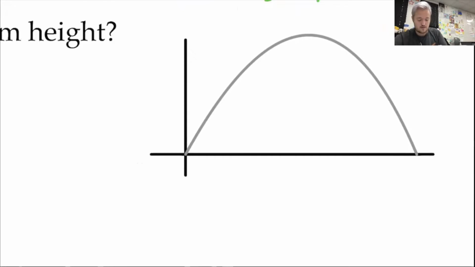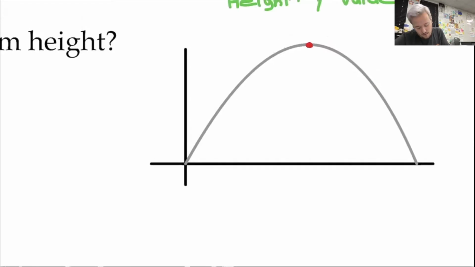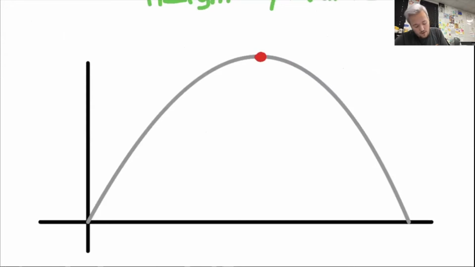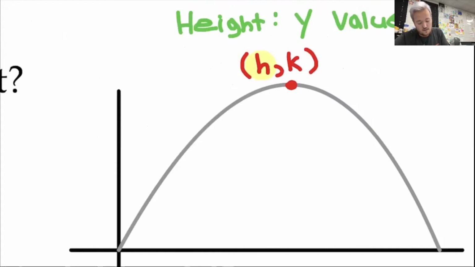So I want to know when's the maximum height. Really what I'm looking for is the vertex. Here's my vertex, h comma k. I want to know when, so if I want to know when, I'm looking for the x value of that vertex. So this right here is really part B.